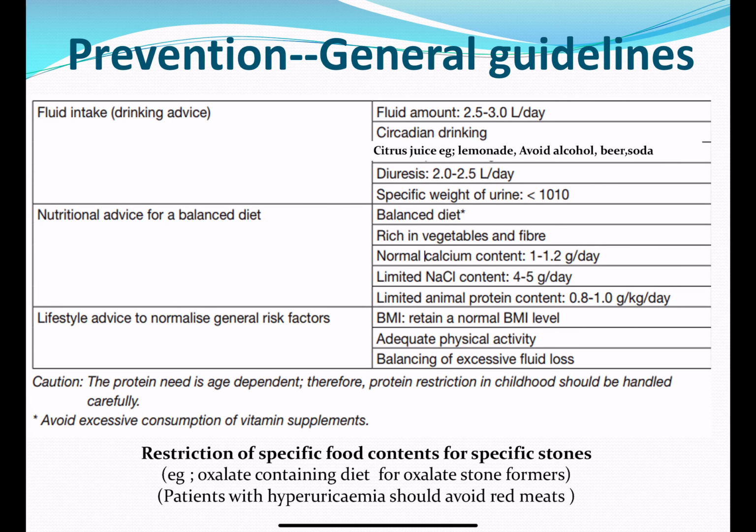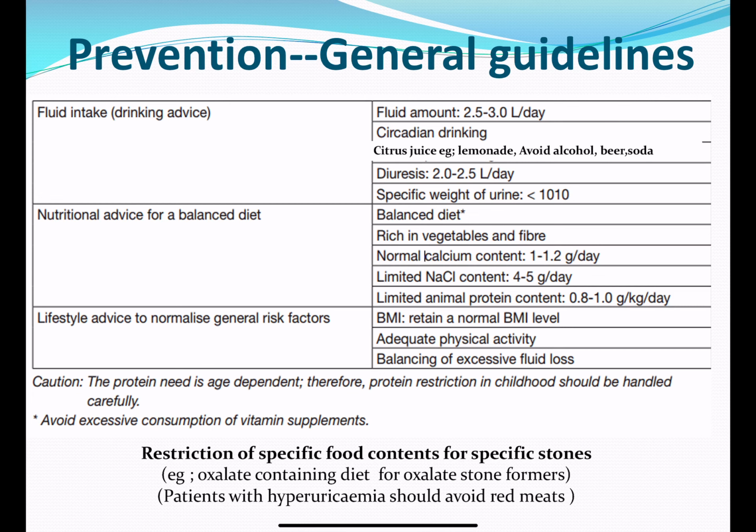Regarding the fluid intake, we know that whenever we take an adequate amount of fluid, it prevents the supersaturation of urine. And you know, supersaturation is one of the most common factors for stone formation. So supersaturation can be prevented by adequate drinking of water or liquid.